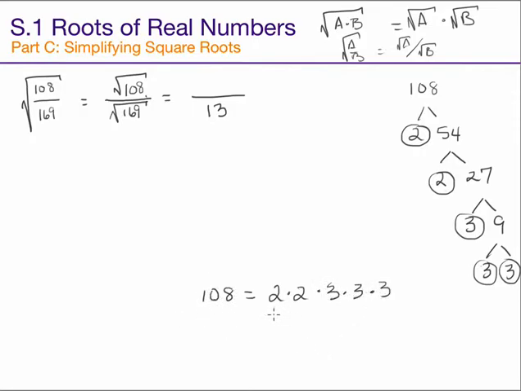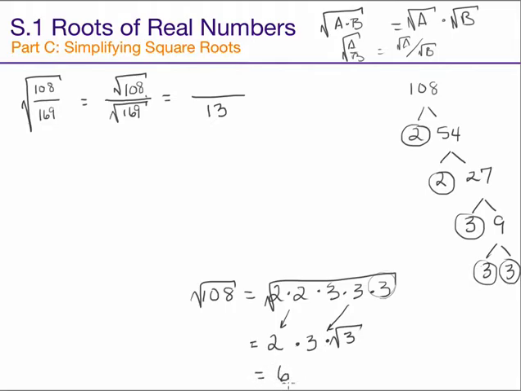If 108 can be written this way, then the square root of 108 can be written as the square root of this product. Notice that I have a pair of 2's, so I can bring 1 outside, and a pair of 3's, so I can bring 1 outside. This 3 does not have a pair or a partner, so it stays inside the square root.